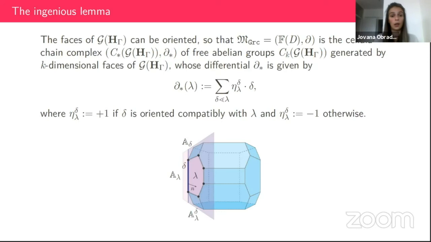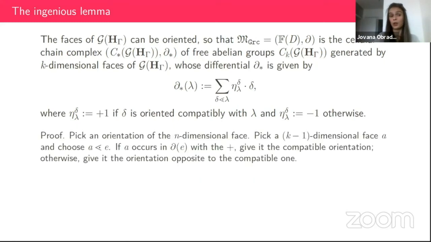All right, so this lemma is proven by induction on the dimension of faces, downward induction, okay? So we start by choosing an arbitrary orientation of the top dimensional face. Of course, we assume that we have oriented all the faces of dimension k and greater, and we pick a k-1 dimensional face A, so we want to orient A as well. How do we do that?